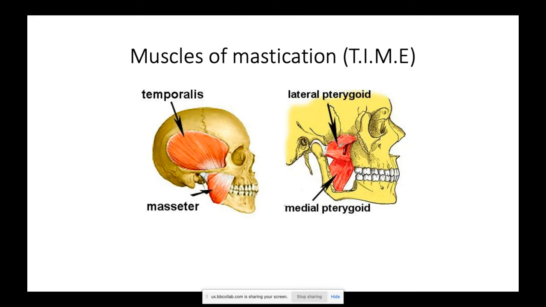Now, the other reason why lateral pterygoid is called lateral and medial pterygoid is called medial is if you were to look at the image of the skull and you were to turn the skull upside down, you would see just posterior to the hard palate, there are medial and lateral pterygoid plates. The medial pterygoid muscle originates on the medial pterygoid plate. And the lateral pterygoid muscle originates on the lateral pterygoid plate.